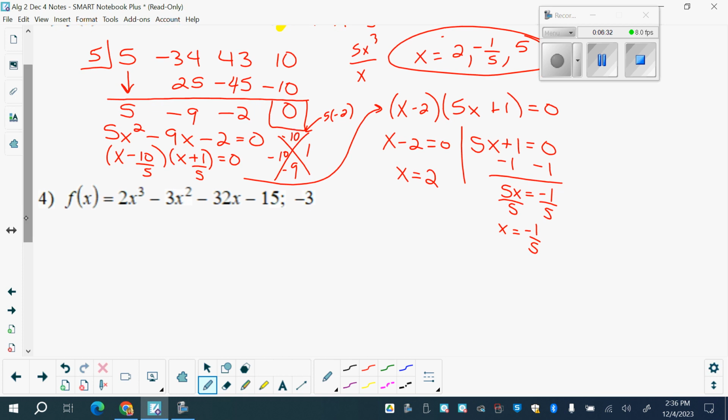Okay, let's do the next one. What's my first step? Synthetic division with the negative 3. Allie, can you tell us what those numbers would be?